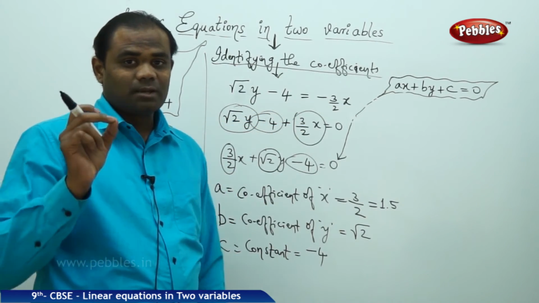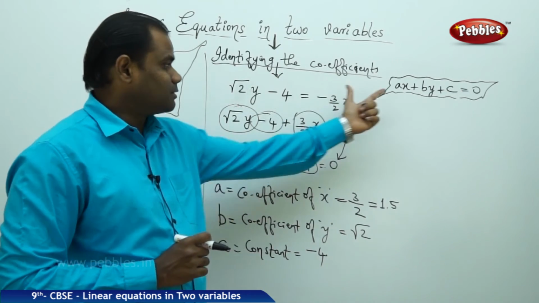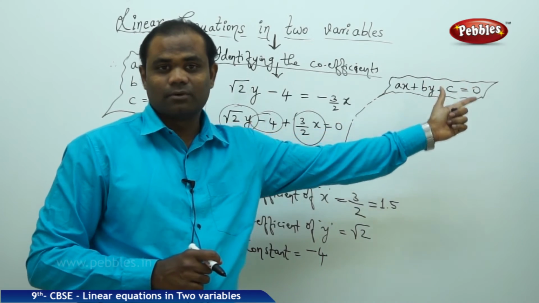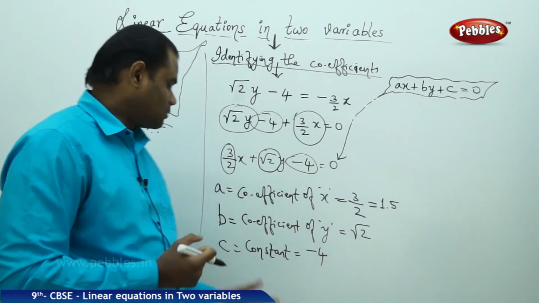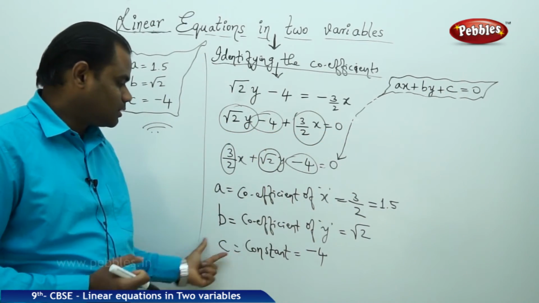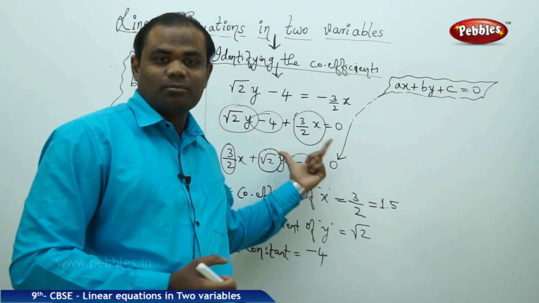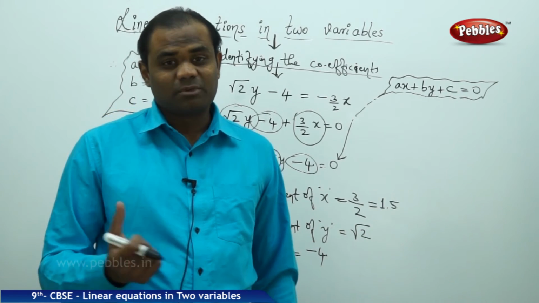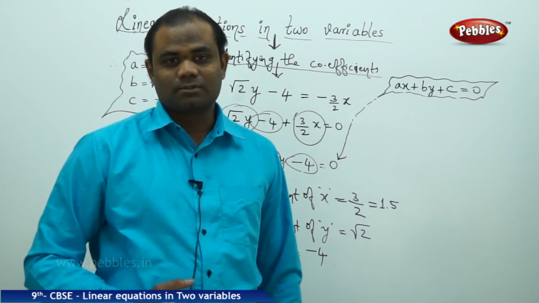The rule is about converting the given linear equation into the standard form ax plus by plus c equal to 0, and then pick the values of a, b and c using the formulae as learnt. A, B, C can be found using the process.